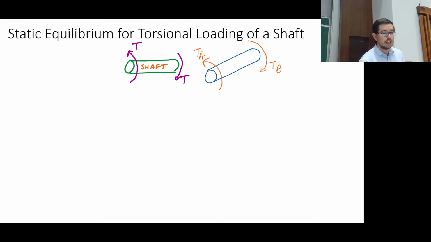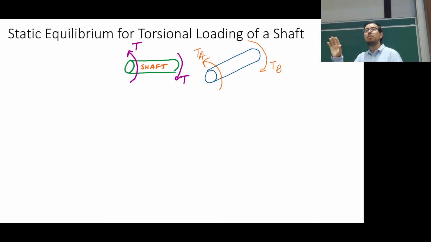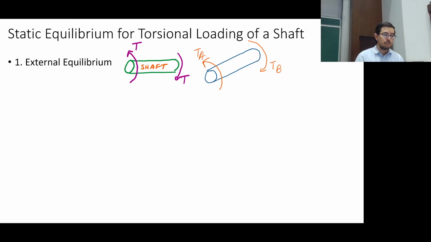Okay? And in this case, the two rules still apply. We first perform external equilibrium, and then we do internal equilibrium. So we have to define a coordinate system, and we have to apply Newton's laws.